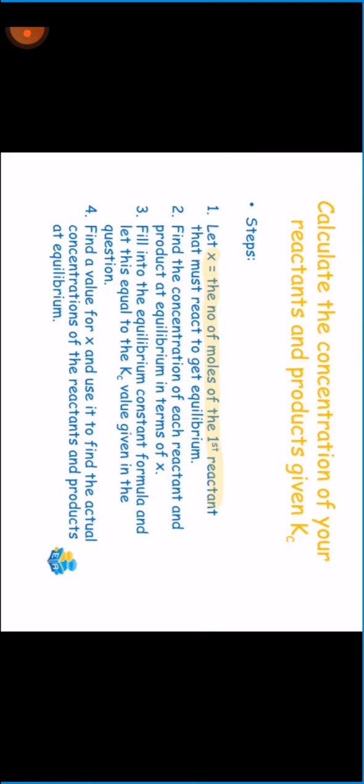Then find the concentration of each reactant and product at equilibrium in terms of X. Fill into the equilibrium constant formula and let this equal the Kc value that was given in the question, and then find the value of X and use it then to find the actual concentrations of the reactants and products. So that sounds complicated, but it's not really, so let's try an example.